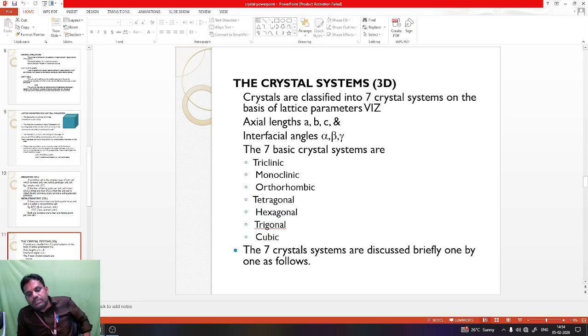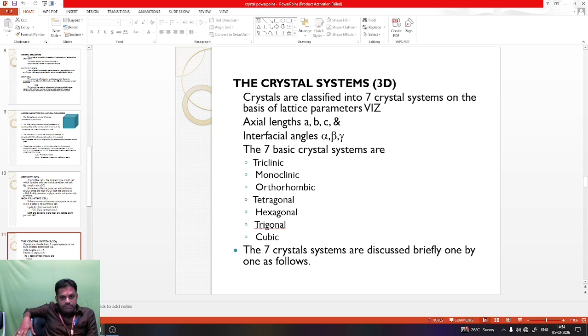How many crystal systems are available in the world? In 2D or 3D systems, there are 7 basic crystal systems. They are differentiated with respect to the values of a, b, c and alpha, beta, gamma.